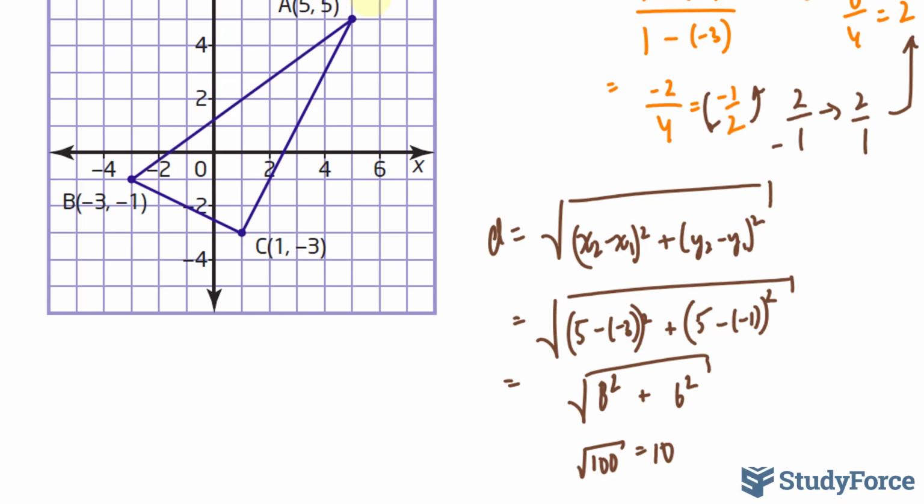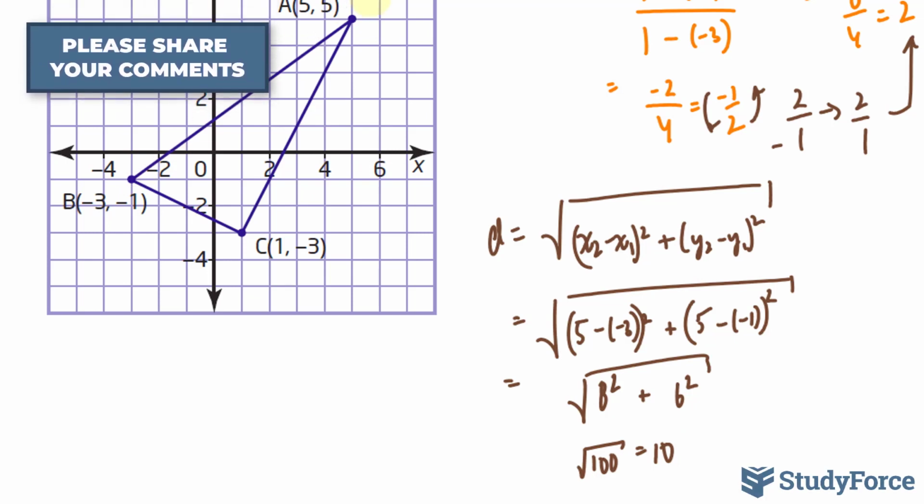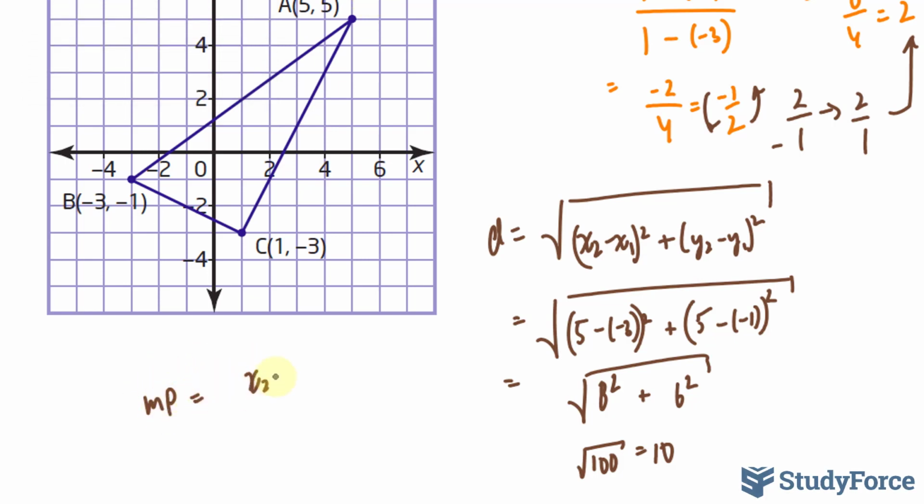We also need to find its midpoint. The midpoint formula is the following. x2 plus x1, we take the averages of the x's. y2 plus y1, and we do the same thing for the y's.